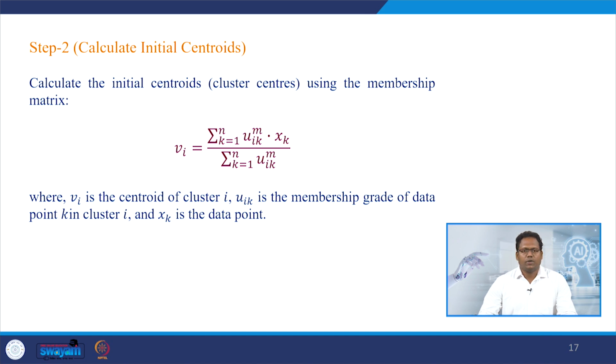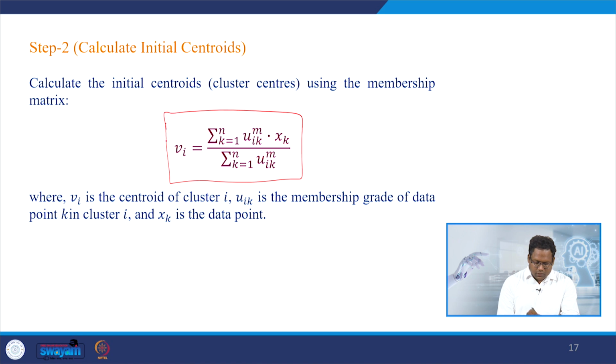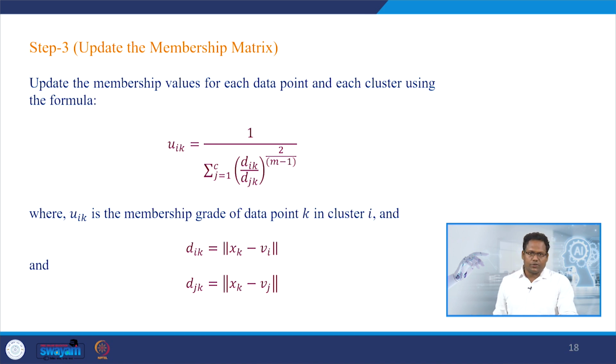In case of 2D data points, it is a center, using the membership matrix that is given by Vi equal to summation over k equal to 1 to n u_ik^m multiplied by x_k divided by summation k equal to 1 to n u_ik^m, where Vi is the centroid of the cluster i and u_ik is the membership grade of data point k in cluster i, and x_k is the data point.